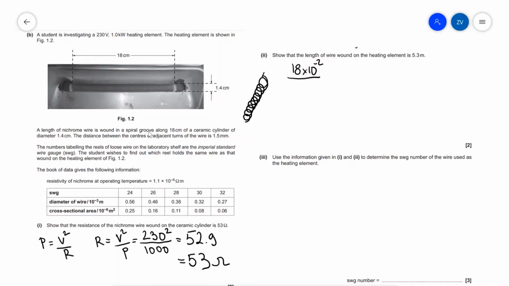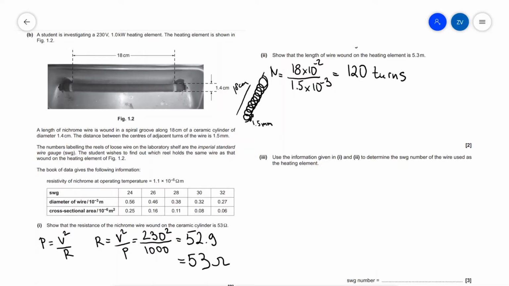And we're given that the distance between the centers of adjacent turns, so this whole distance is 18 centimeters, but the distance between adjacent turns is 1.5 millimeters. So our number of turns, let's call it n, is going to equal 18 times 10 to the power minus 2 divided by 1.5 millimeters, 1.5 times 10 to the power minus 3. Put that into a calculator, we're going to get 120 turns.